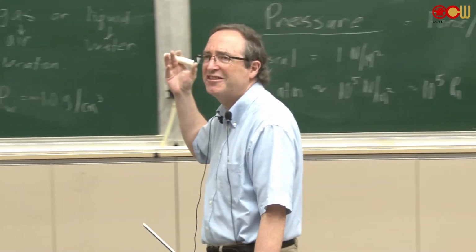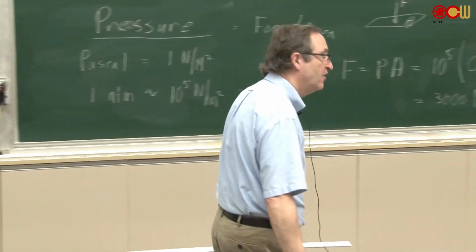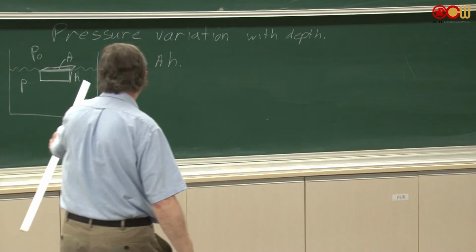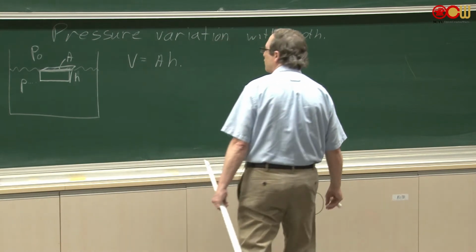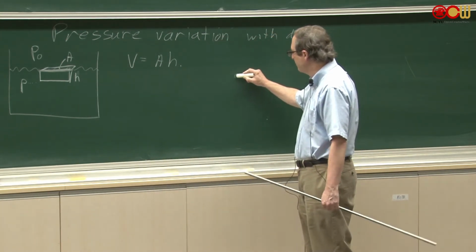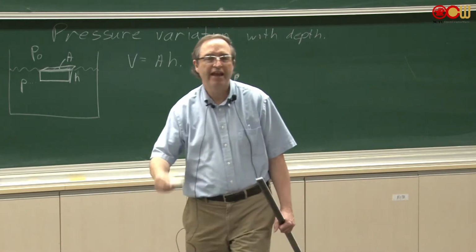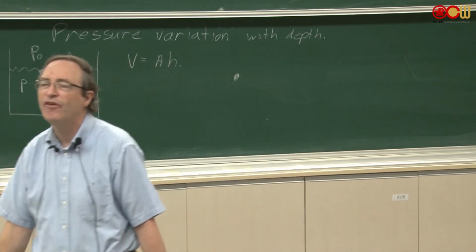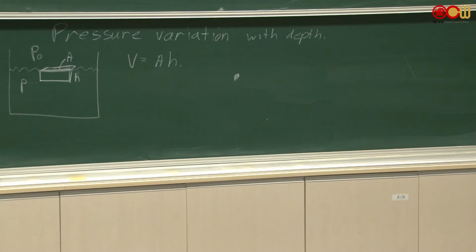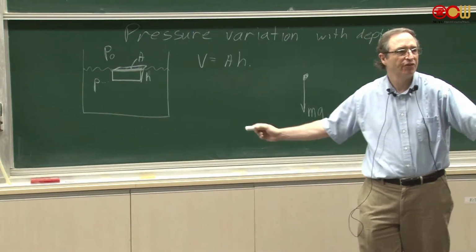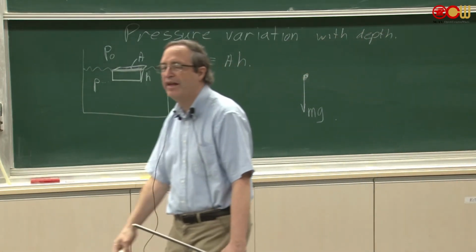So the net force is zero. Let's figure out what all the forces on the object are, so we draw a free body diagram. Can anyone tell me an example of a force on that piece of fluid? Gravity. So we have mg, and that's down, the usual thing. Anything else?